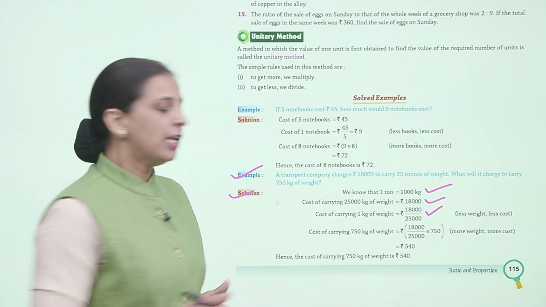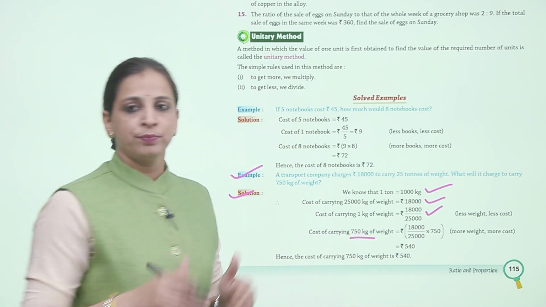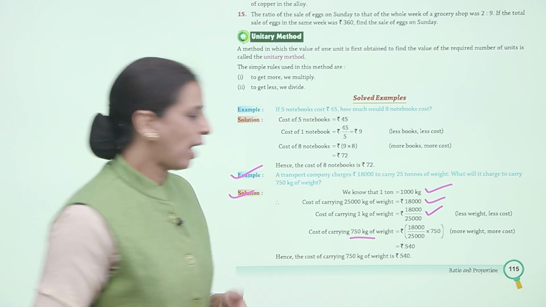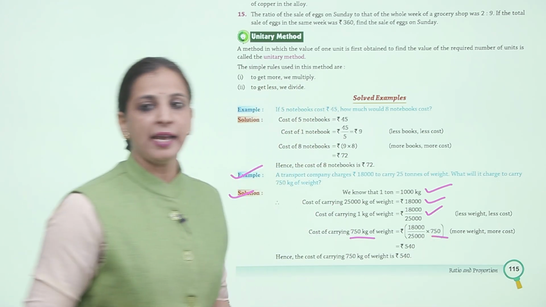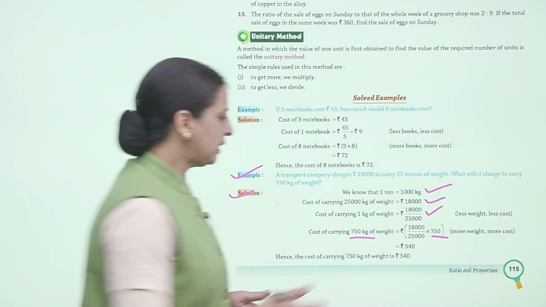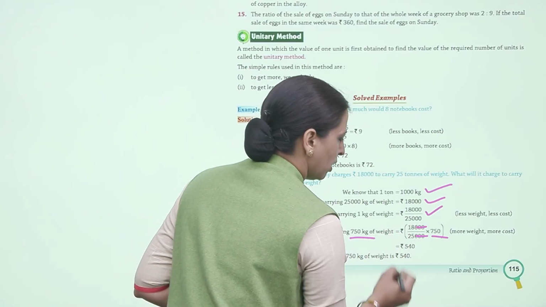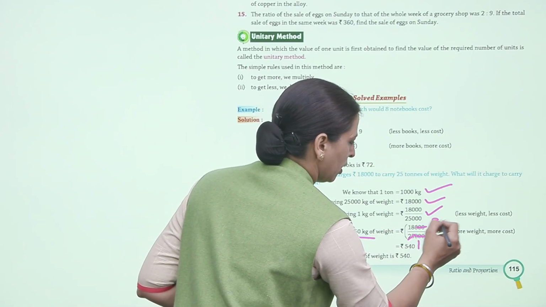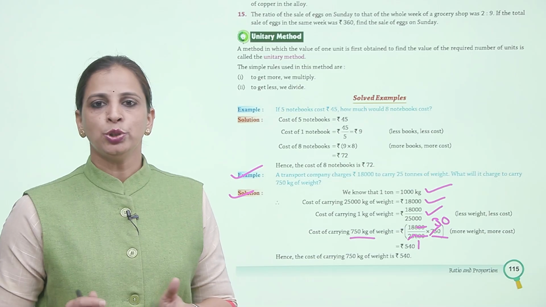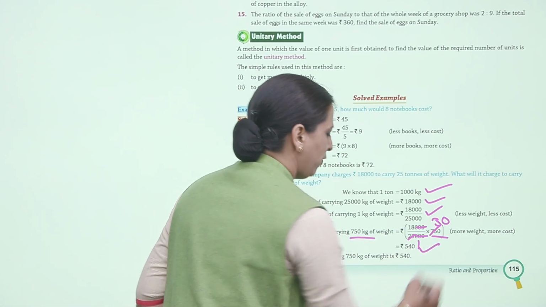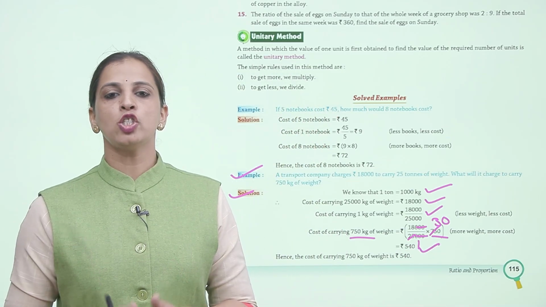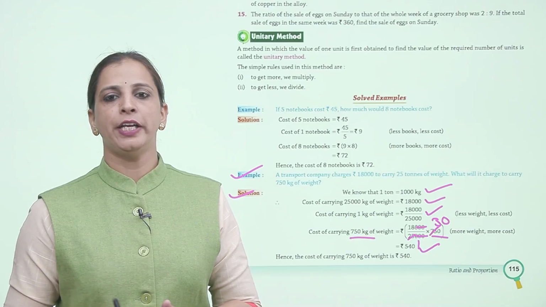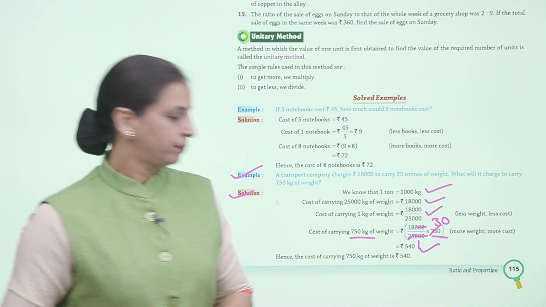And cost of carrying 750 kilogram, more weight, more cost. We have to multiply, that is multiplied by 750. Cross multiply सारा किया. 18 into 3 is 54, that is 540. Hence the cost of carrying 750 kilogram of weight is rupees 540.